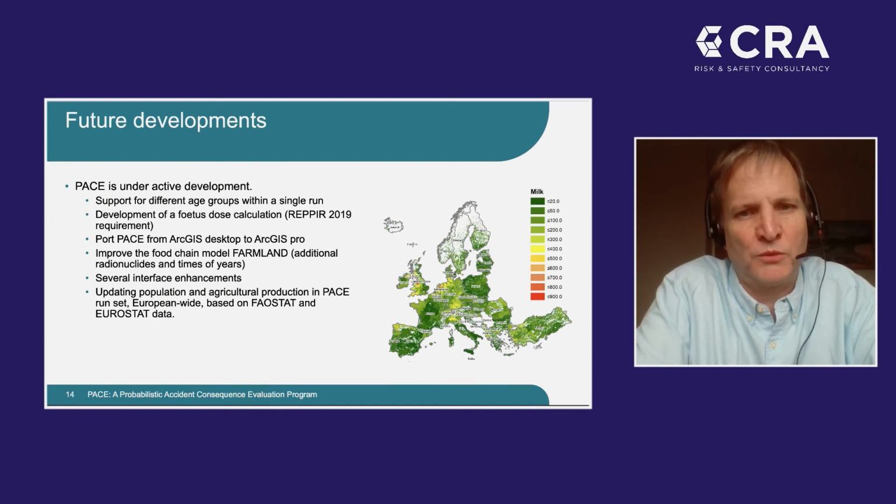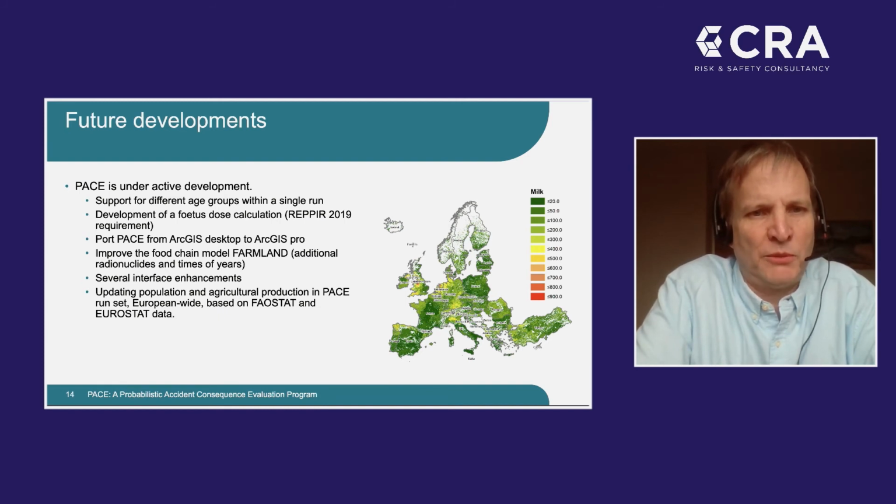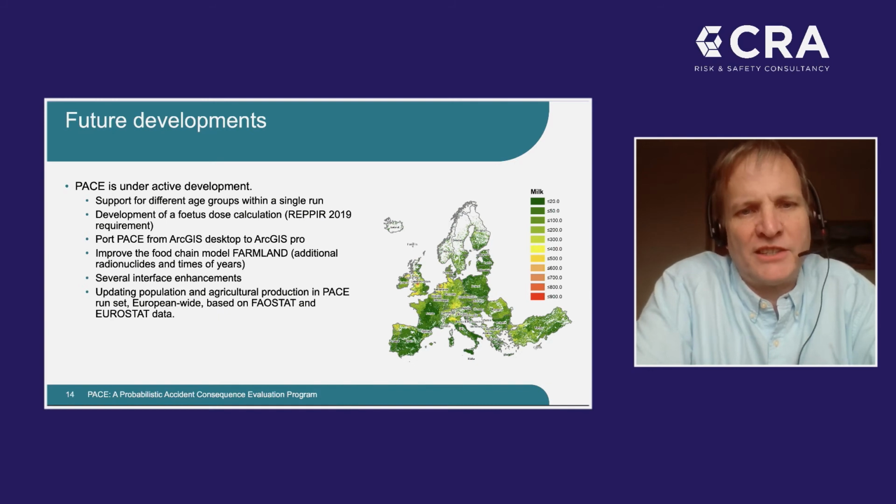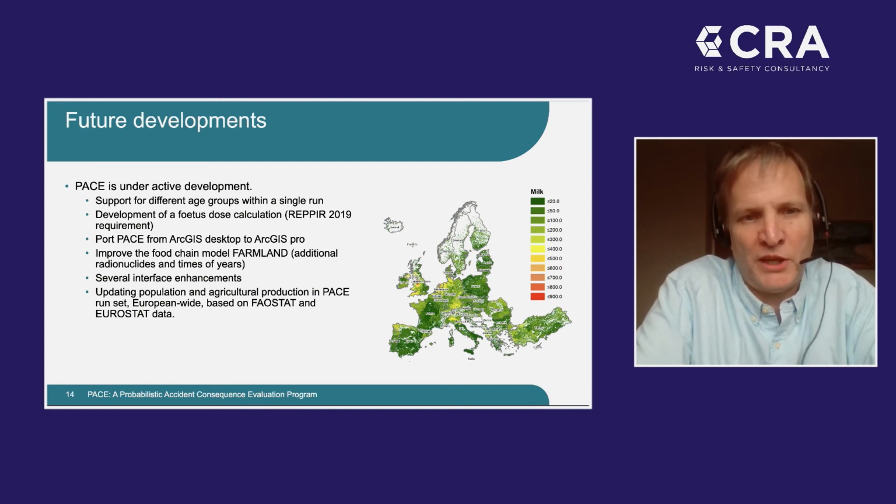Users have struggled with what size to make the grid and the grid squares within the grid, and how big an area to encompass, so there'll be some enhancements to that. And the underlying data that comes with PACE out of the box, we are expanding and bringing up to date with European-wide data sets based on FAOSTAT and Eurostat.